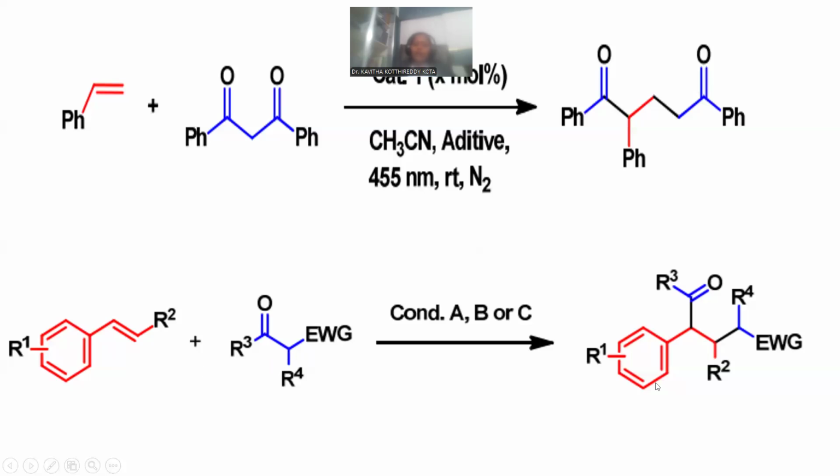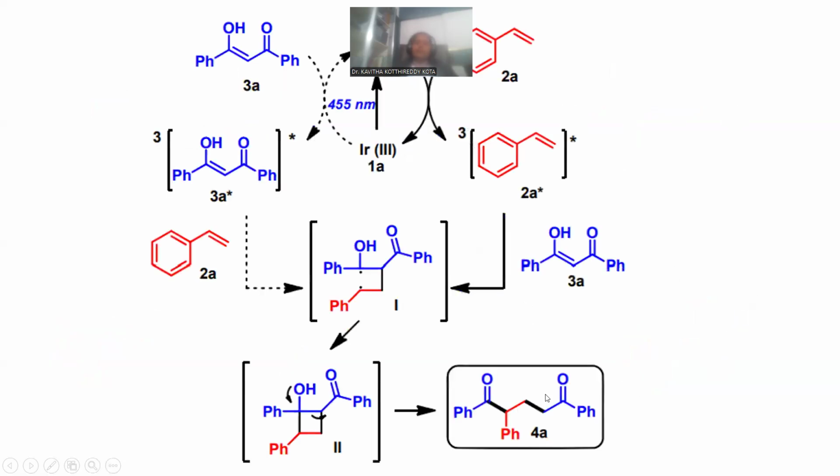If this is the compound taken, there will be a De Mayo reaction taking place, so that ultimately these two carbons are inserted in between this double bond and the carbon containing the electron withdrawing group, so that here you can notice the red color carbon atoms belong to the olefinic double bond carbon atoms. This is the way chain elongation takes place by two carbon atoms.